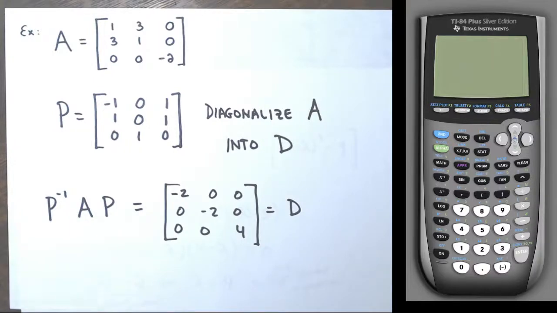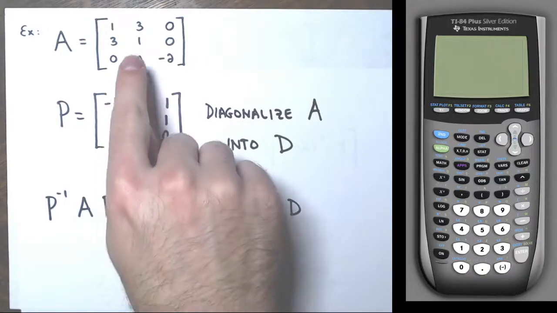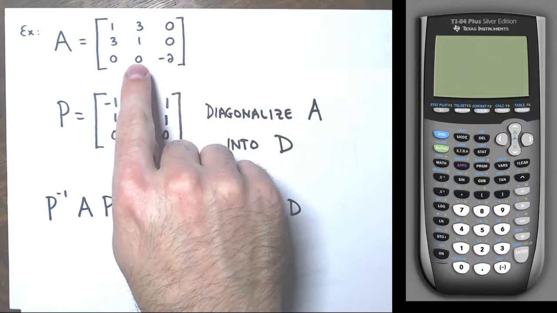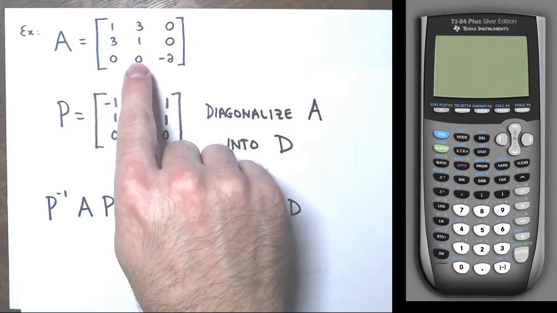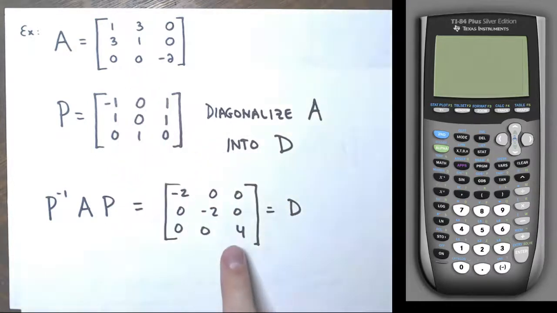And again, what I'm going to get into in the next video is more properties, especially that one about raising diagonals to powers. Because raising this matrix to a power will be much easier than raising this matrix to a power. Multiplying this by itself 20 times is way harder than multiplying this by itself 20 times.